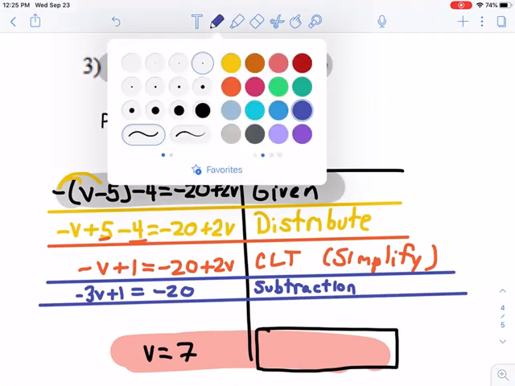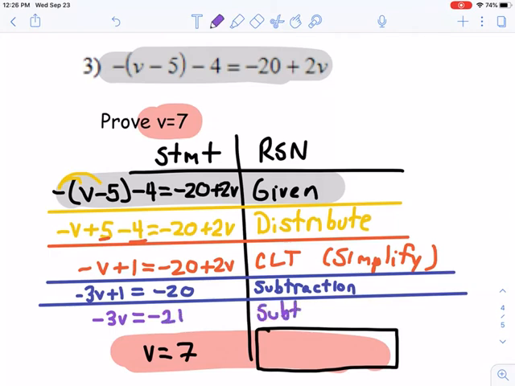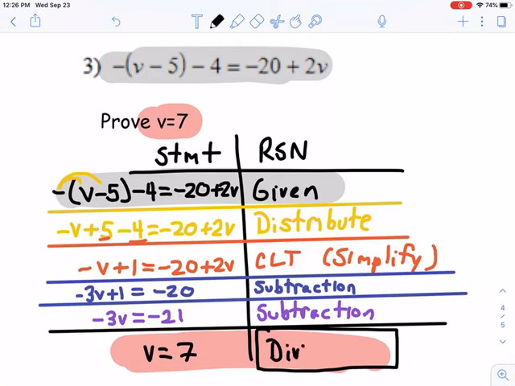Next, turns out I'm going to subtract again. I'm going to use midnight purple. Minus 1 from both sides, so I'm going to get negative 3v equals negative 21. And you're allowed to do that. You're allowed to subtract back-to-back steps. Mathematically legal. I'll allow it. And then divide both sides by negative 3. So v equals 7. And my last one was division.